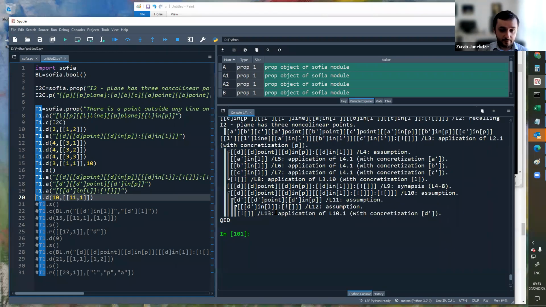Indeed, that's what I did here. We are applying now line 10, with concretization D prime. So this D prime is a point I assume that we've got at hand, and we applied the assumption we made to that D prime.